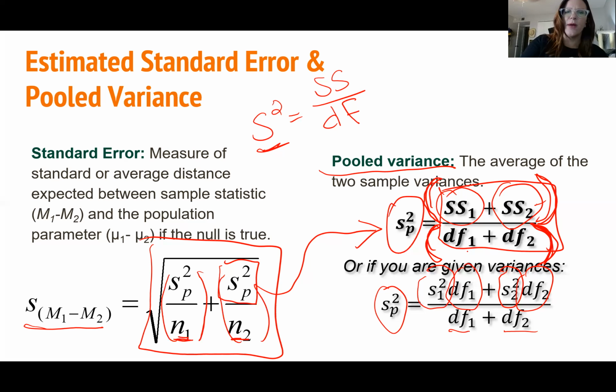So the way that I plug this estimated standard error equation into my calculator is, because of the pooled variance, we're always going to use equal sample sizes. So in this class, you'll always have the same pooled variance in the numerator of those two little fractions. Let's say my pooled variance is 10, okay?